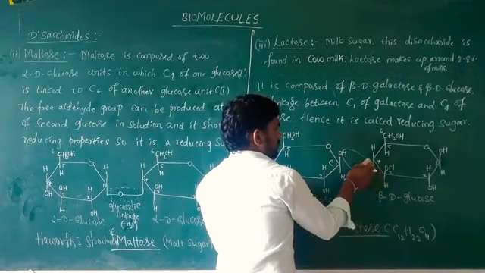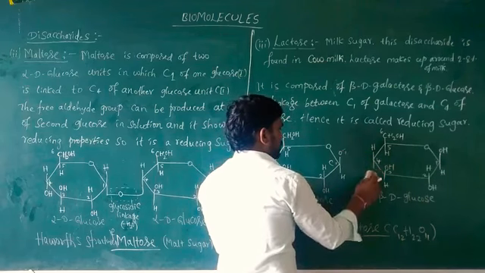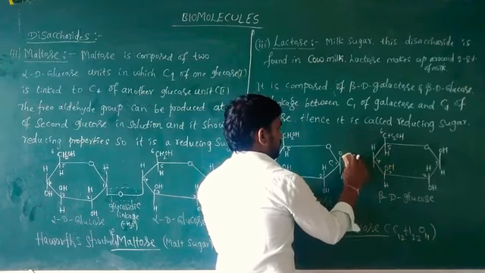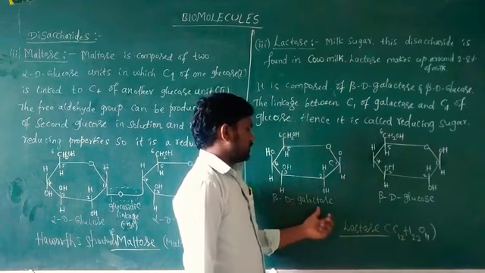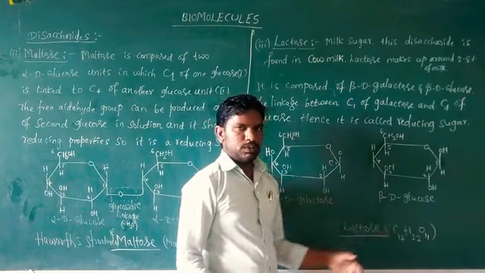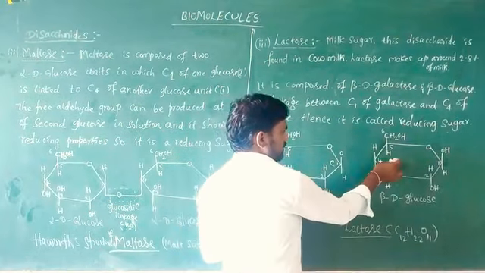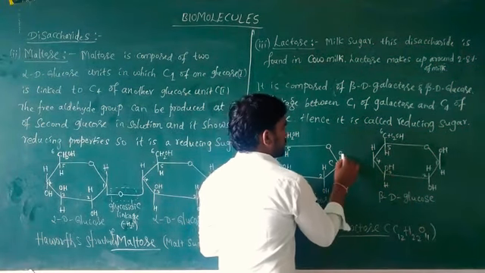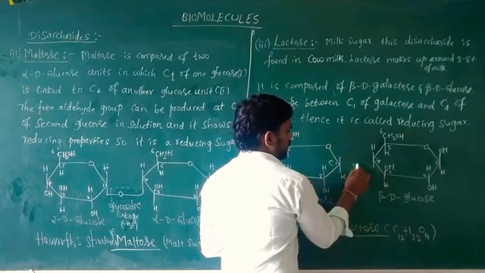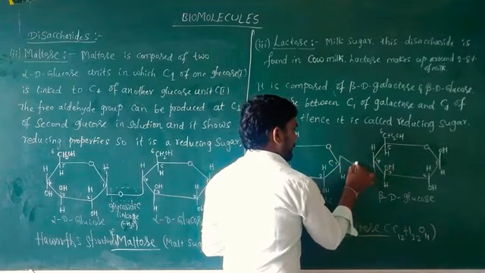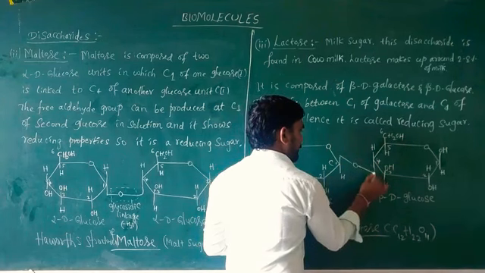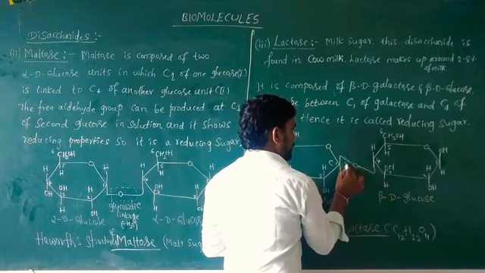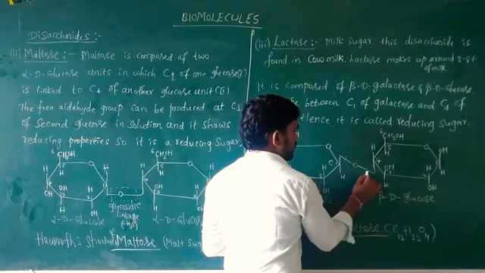This loss of one water molecule between beta-D-galactose and beta-D-glucose at C1 and C4 gives the glycosidic linkage.